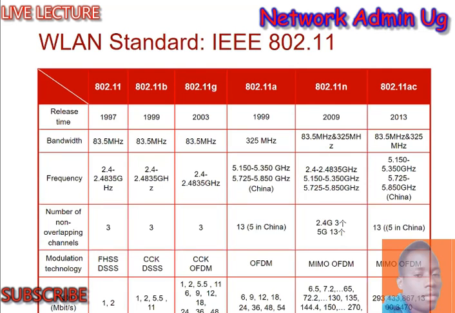This table, in addition to the table that we looked at yesterday, is very important if you are to grasp the technologies of the 802 standards. It tells you the speed rates, the modulation technologies, the non-overlapping channels, and the frequencies.